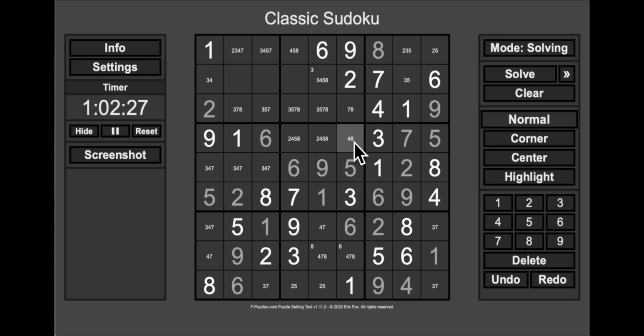This can't be 2 or 5, but could still be 4 or 8. The 7 could go in either of these positions. And 8 still has 3 spaces for it, so this looks right.